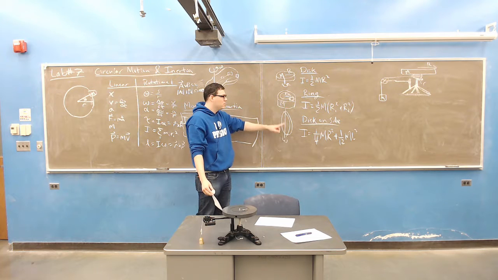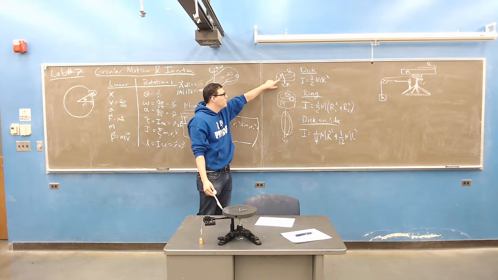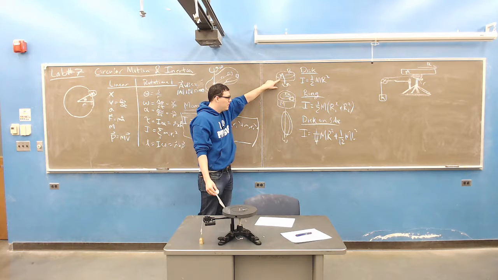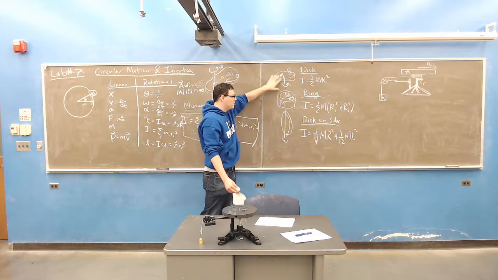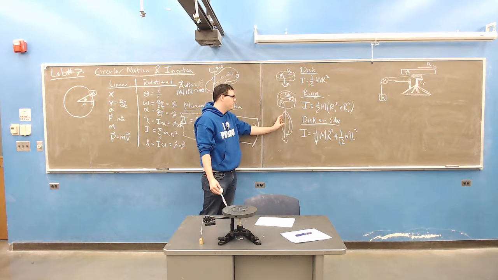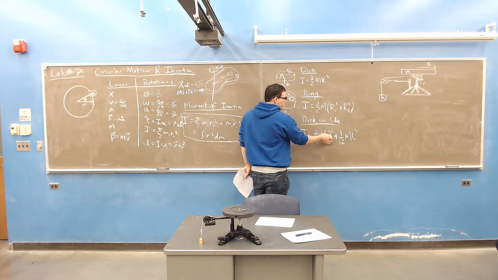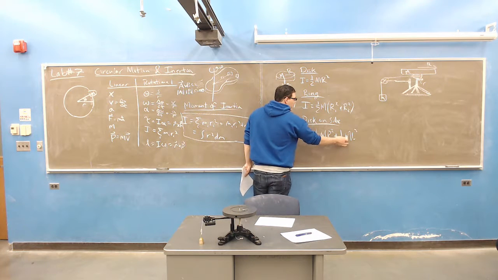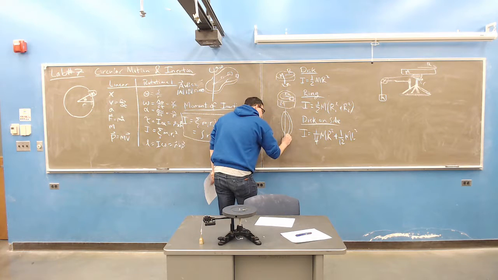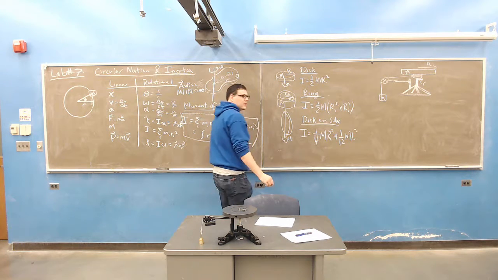This one or this one? All right, this one will. Why? Because its mass is further out than this guy's mass. More of its mass is closer to the center. And so its formula is 1/4 MR squared plus 1/12 ML squared, where L is this thickness here.